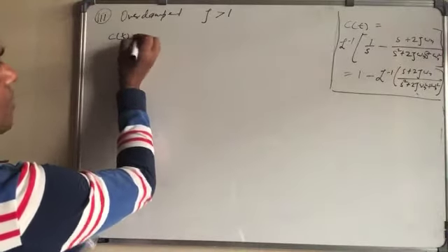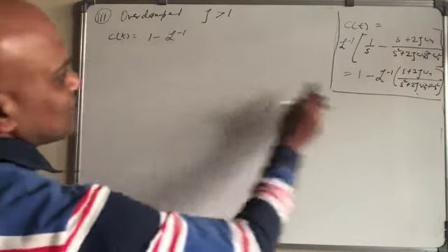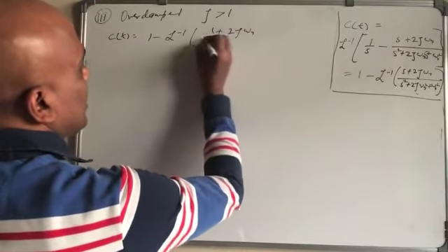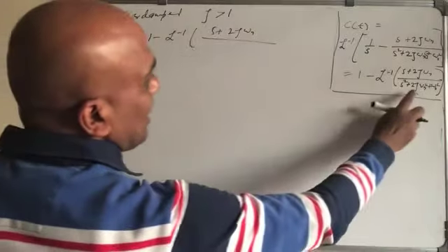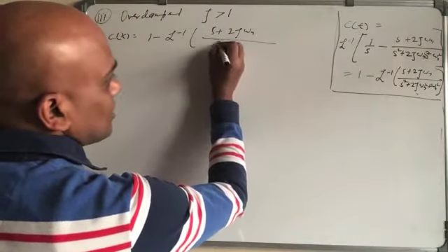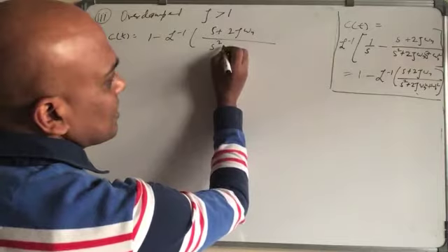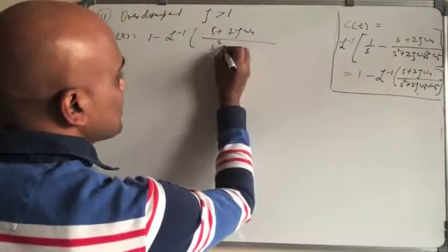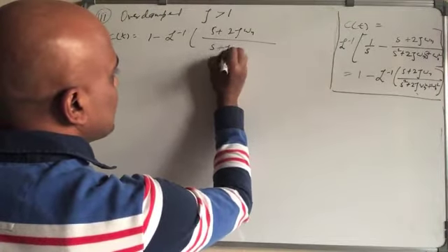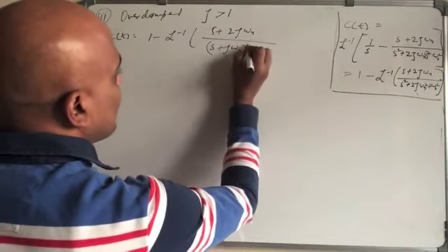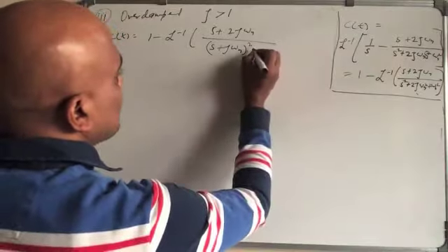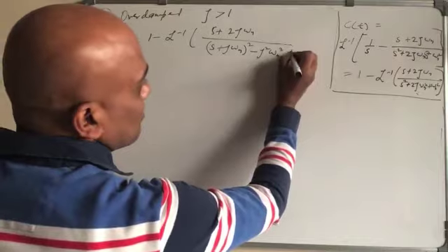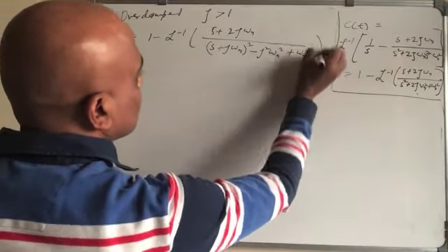So C(t) will be equal to 1 minus L inverse, and then we have S plus 2 zeta omega n divided by S square plus, so you get S plus zeta omega n square, right? And then you get minus zeta square omega n square plus omega n square, right?